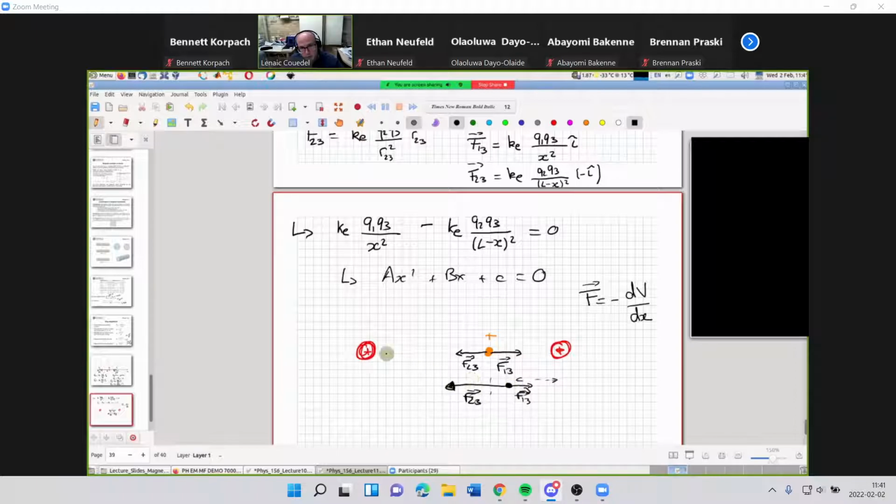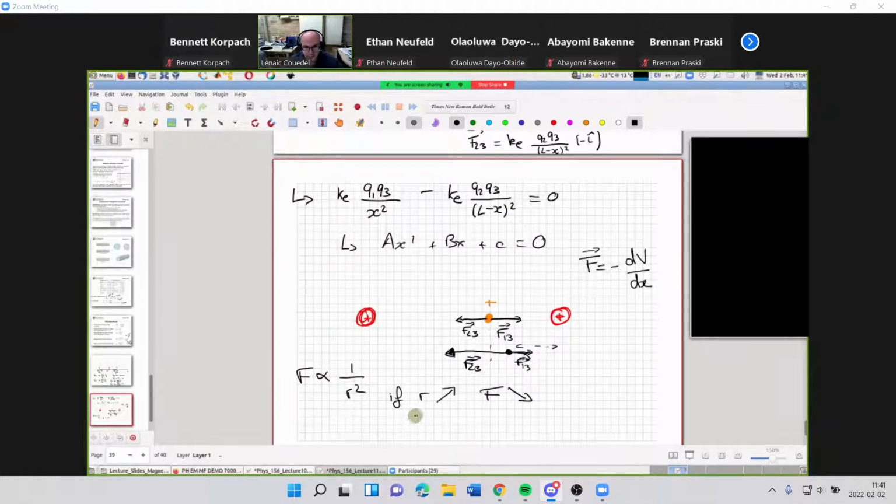But for F13, the distance has become larger, so its magnitude is smaller. The electric force is proportional to 1 over r squared, so if r increases, F decreases, and if r decreases, F increases.